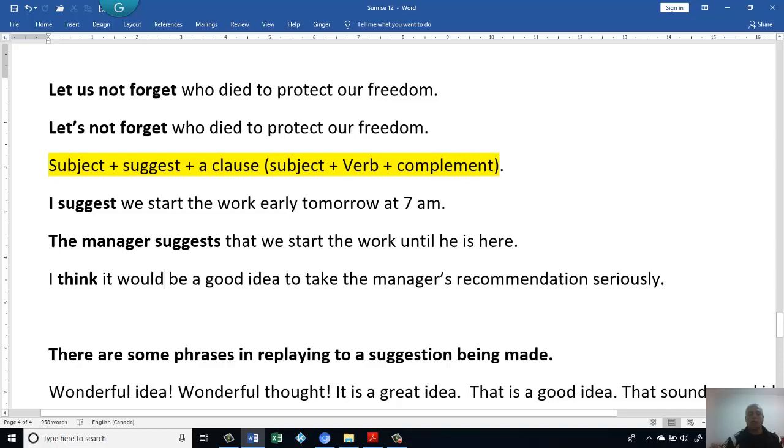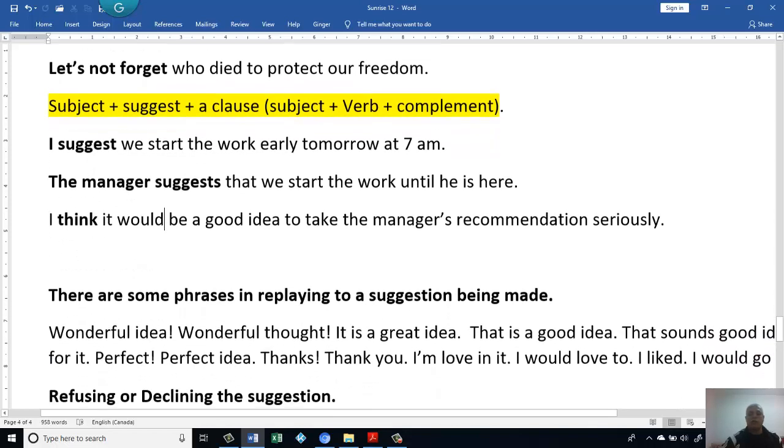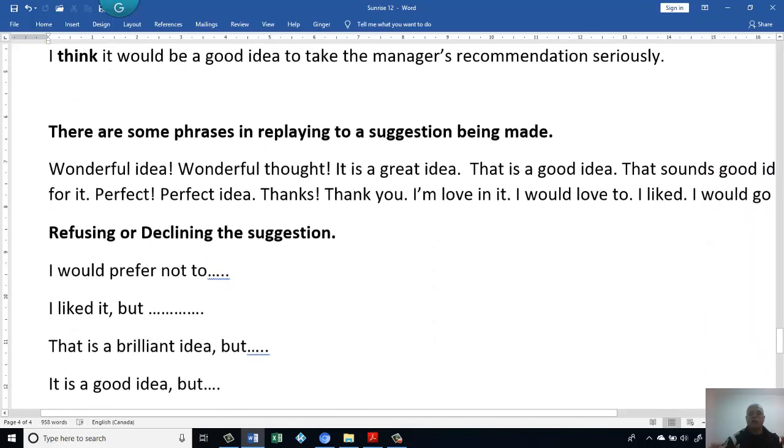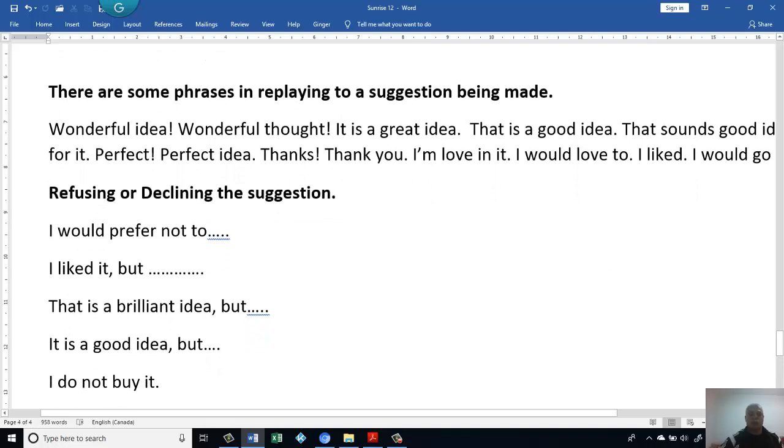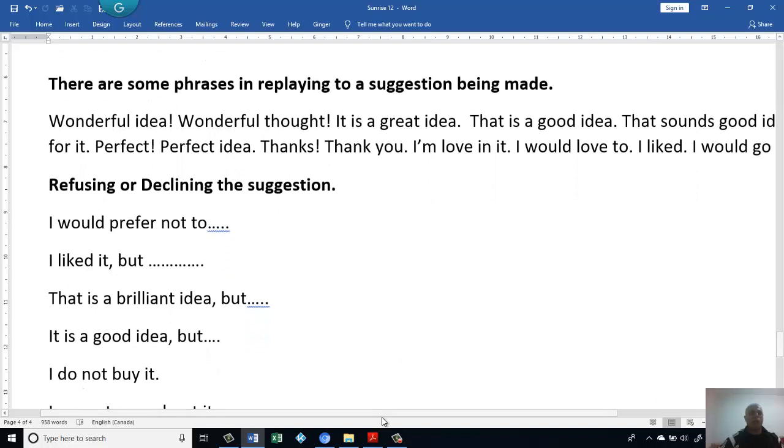Sometimes we have two options. When somebody makes a suggestion, we could accept it or we could refuse it. There are some phrases for replying to a suggestion being made. For example, you say, wonderful idea, when we accept it. You could say, wonderful thought. It's a great idea. That's a good idea.